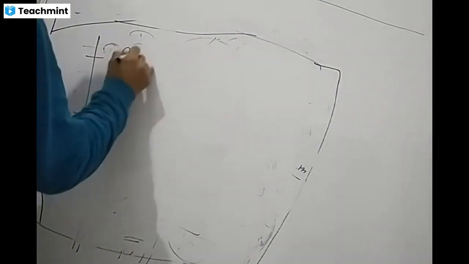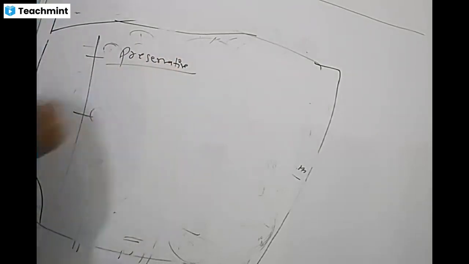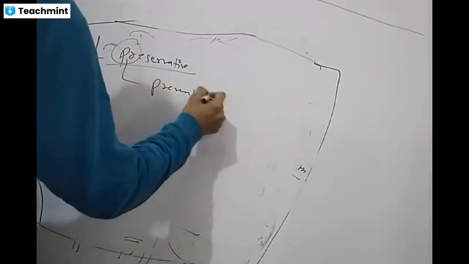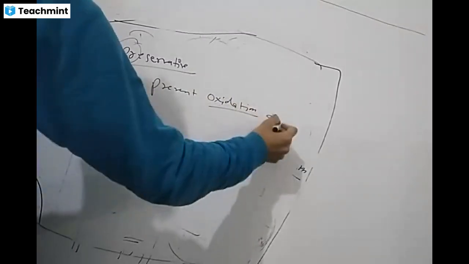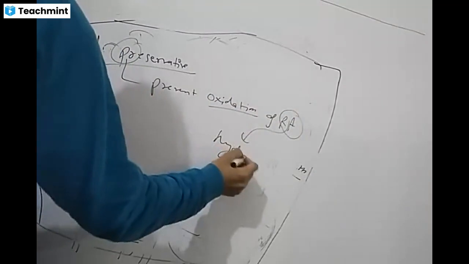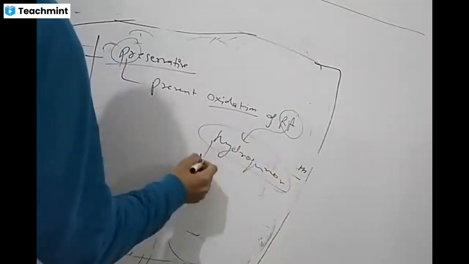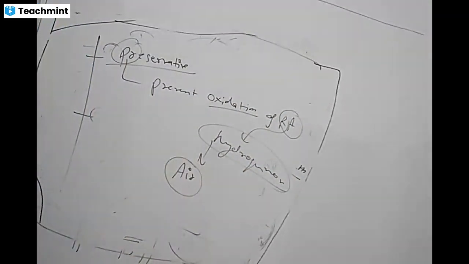Next is the preservative. The preservative prevents the oxidation of the reducing agent like hydroquinone by the air. From where is the air coming?